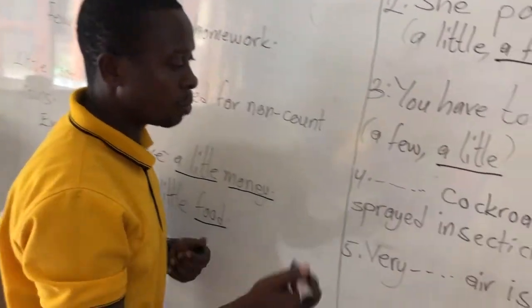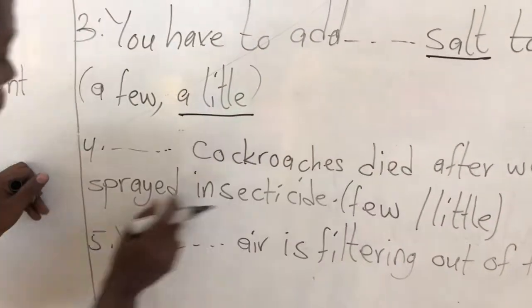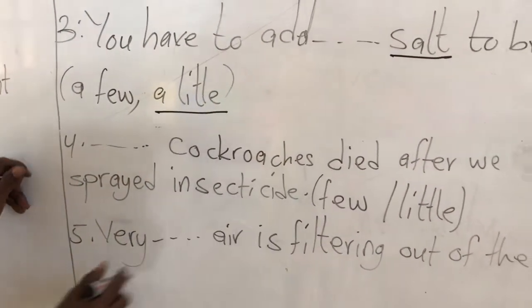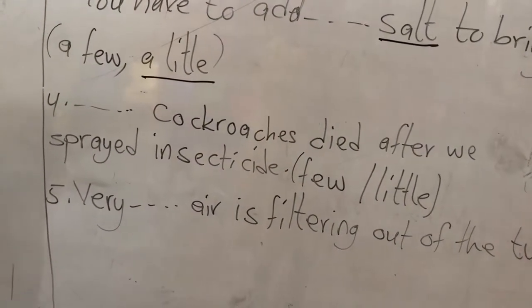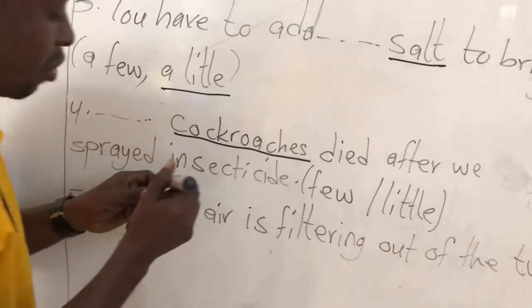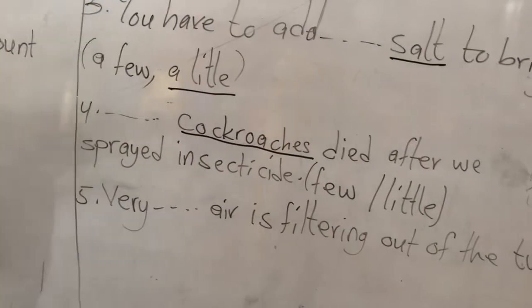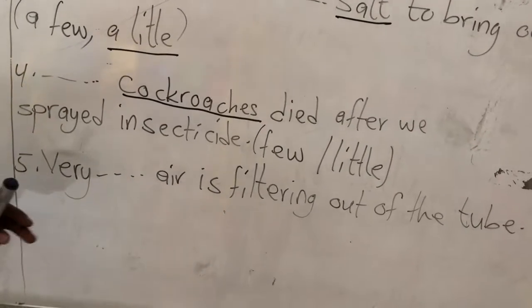Now let's look at this. The other cockroaches died after we sprayed insecticide. When we look at cockroaches, you can see that we can count the number of cockroaches that died. Okay? So how many are there? Let's just search the room. I found 5.